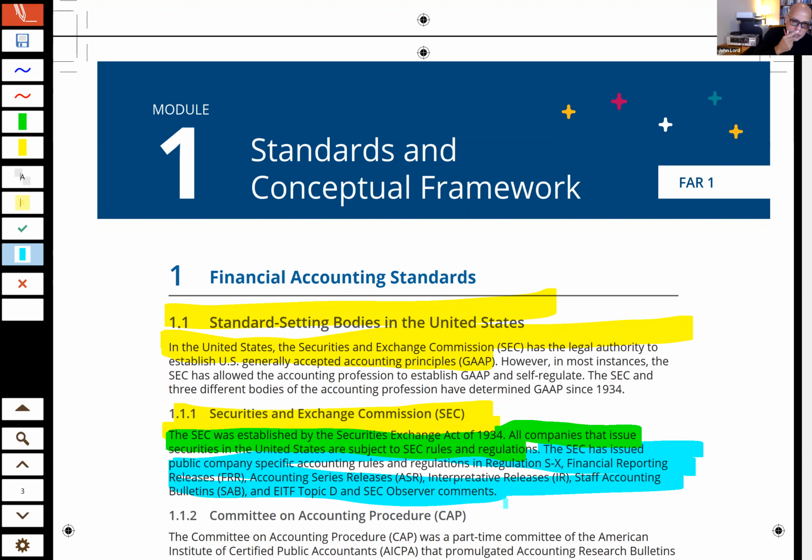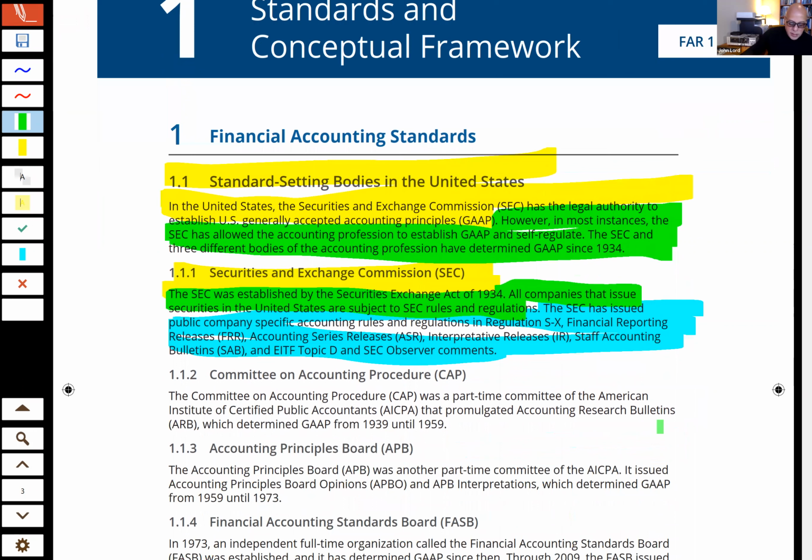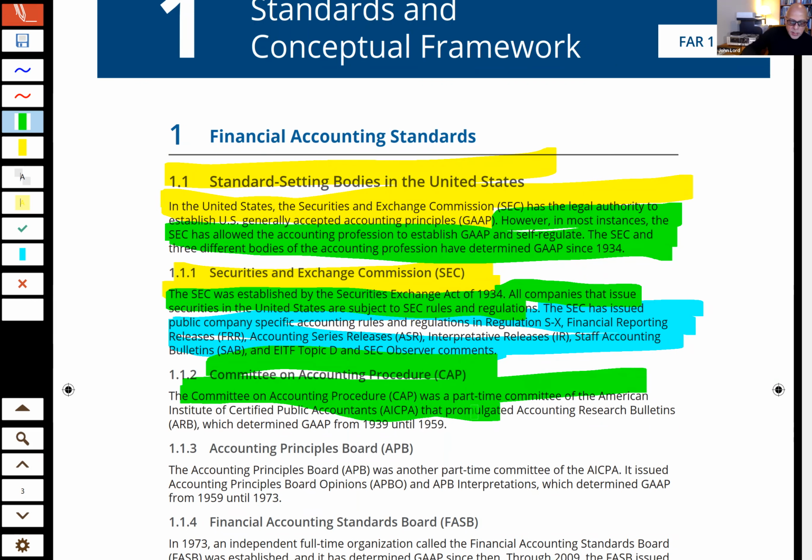Even though the SEC does issue some guidance, and even though the SEC has the authority to set the accounting standards, they really delegated that to the profession. So in 1939, they created an entity called the Committee on Accounting Procedure, inside of the AICPA, and it promulgated Accounting Research Bulletins.